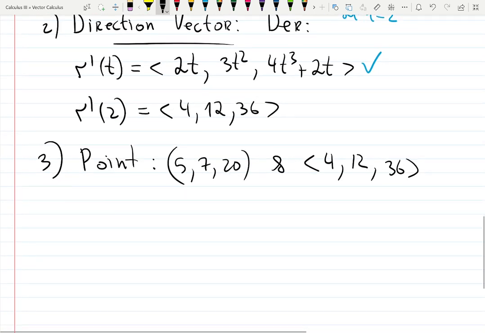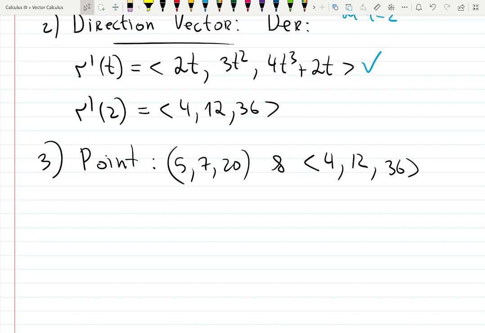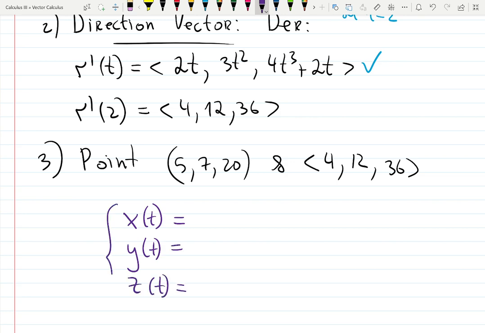A point and the slopes, all the slopes. That creates the answer. X of t, y of t, z of t. Remember, slopes are multiplied. So it's going to be 4t, 12t, 36t.